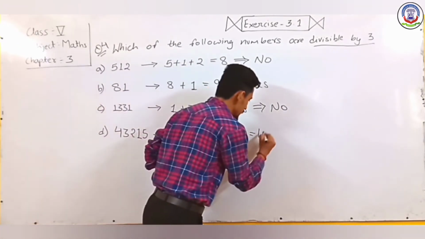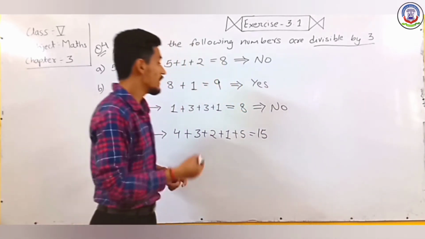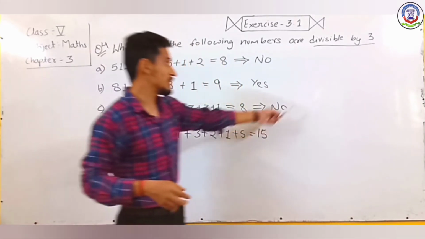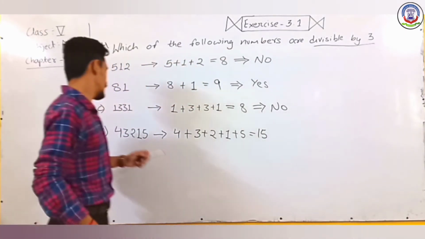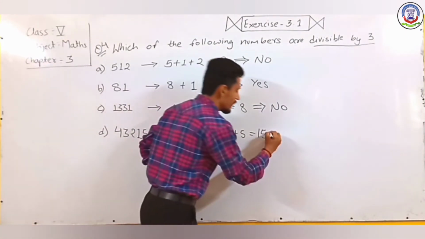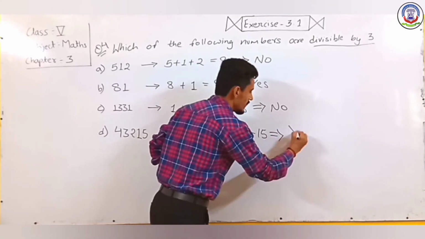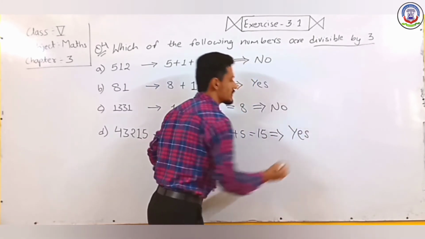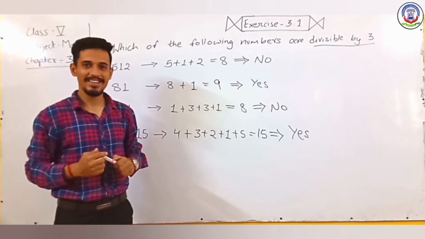So its addition is 15. Now 15 is divisible by 3. So this original number 43,215 is also divisible by 3. So we write here yes. Okay.